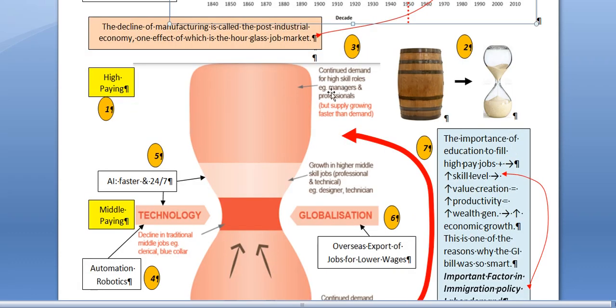So these can be like high skilled people in finance, in medicine, doctors, lawyers, engineers, highly skilled engineers. These jobs are professionals, but maybe less skilled.